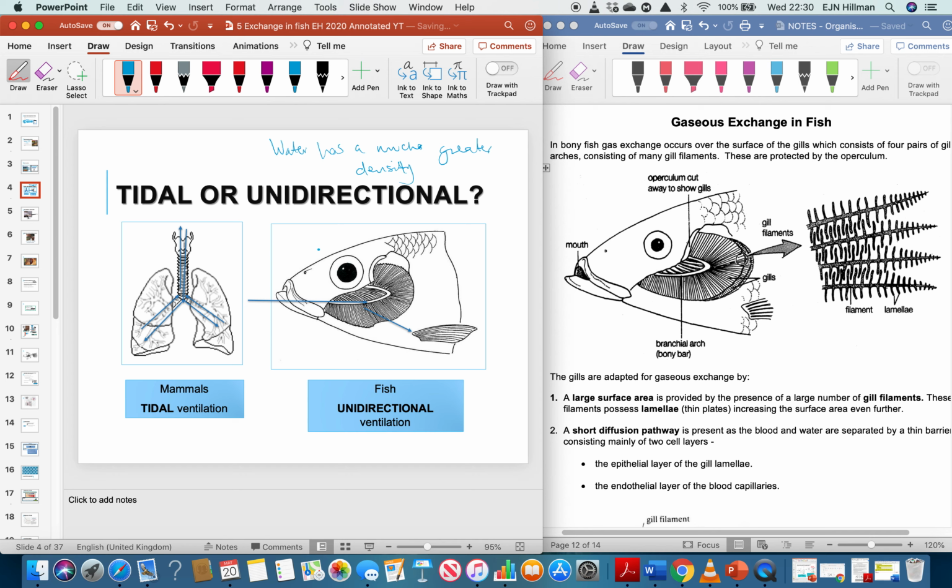Therefore, it will require too much energy and too much movement brought about by muscles for it to be efficient if water were to move in and then back out again. So fish show this unidirectional ventilation, where the water moves in one direction because of its greater density.